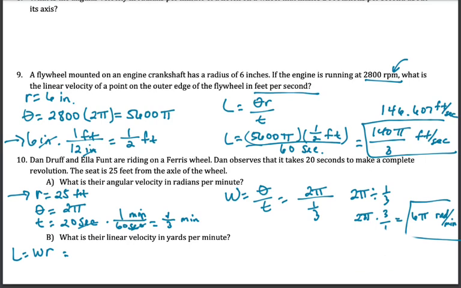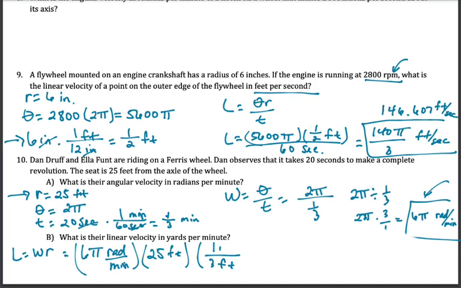Okay, so your angular velocity we figured out was right here, 6 pi radians per minute. Now we're going to multiply that times our radius, which is actually 25 feet. And so we need to not have feet, we need to have yards, and there are 3 feet in 1 yard.